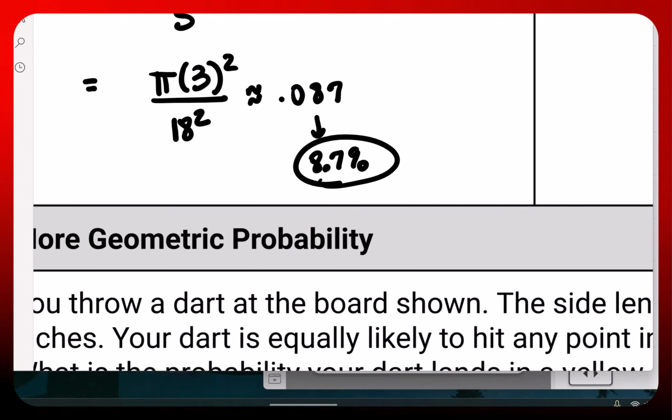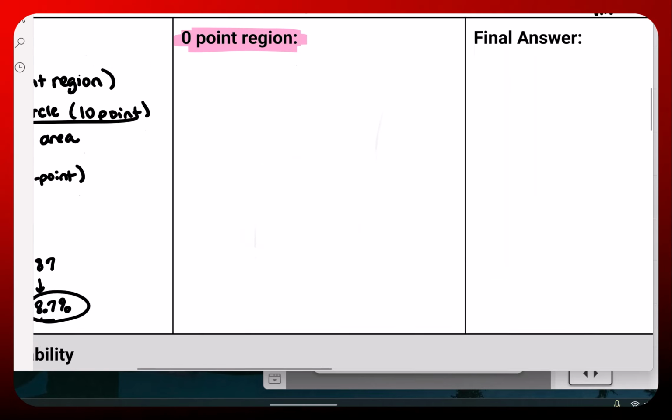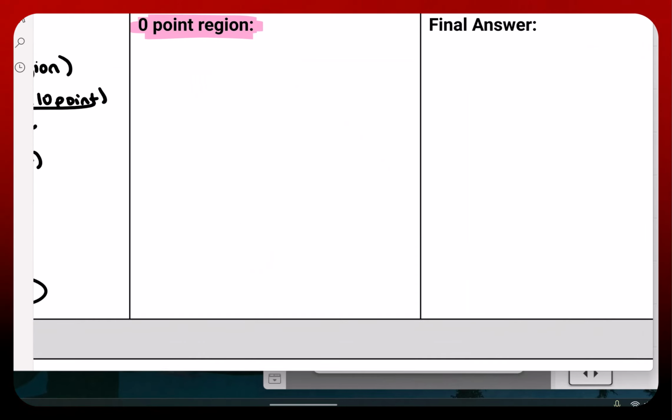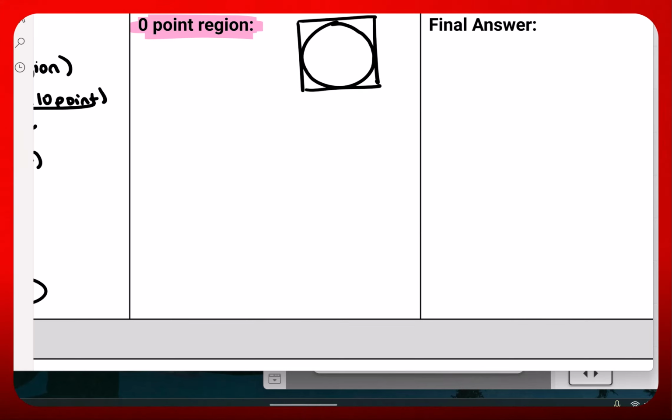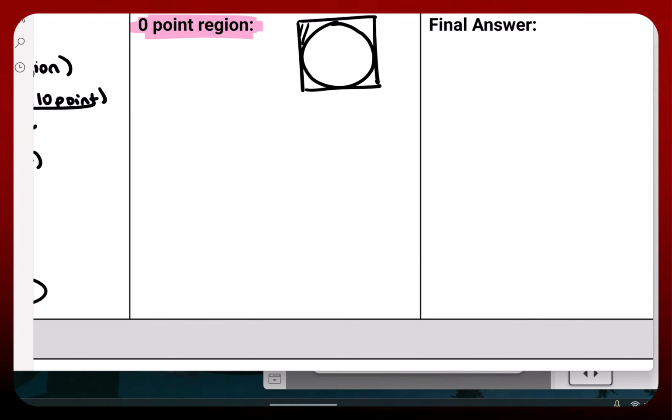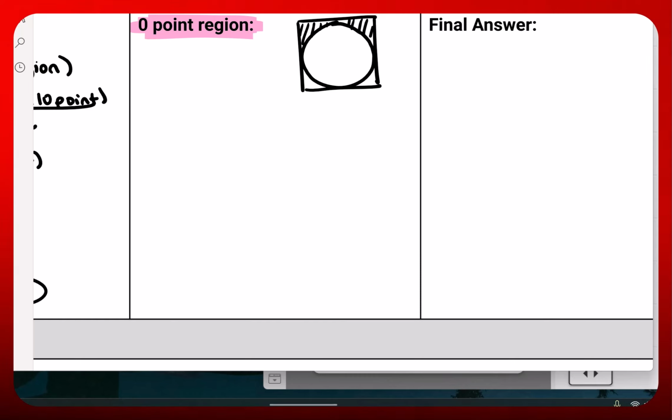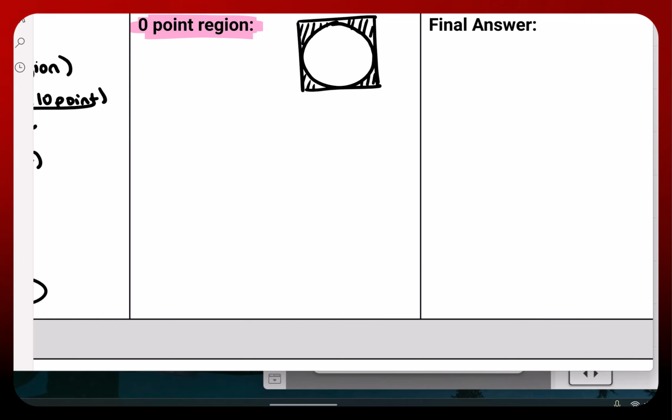So it's not likely. Now this part is the difficult part, because you're going to have to take this square. Now this is going to be absolutely awful, and maybe you can try to do the same thing. That's not too bad. What you have to do is find all of this area right here. Do you see it? Okay, that's what you've got to do.